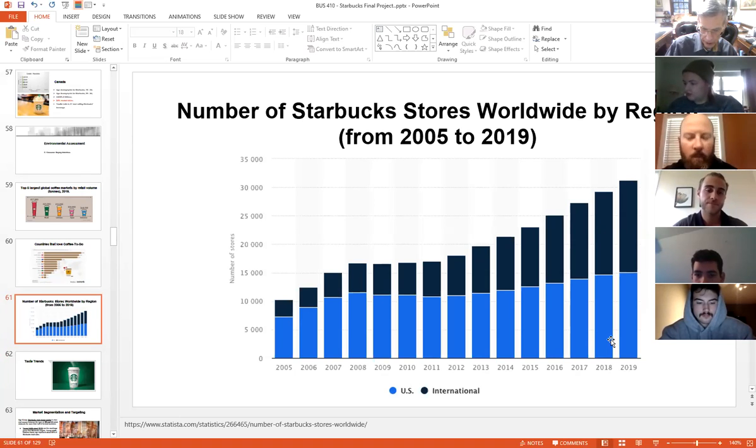It's been international. You can see that those dark bars are growing a lot faster than the light bars. I think that is an important takeaway. The reason I would mention a slide like this is it's just so easy for me to write a question on the exam about something that's this obvious.